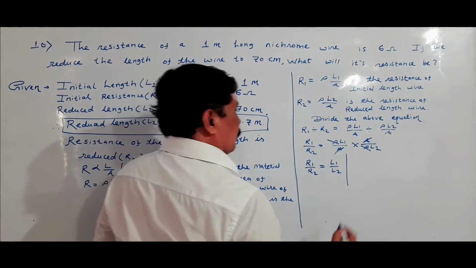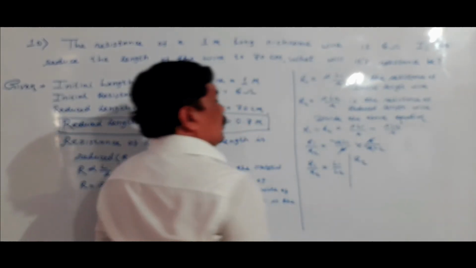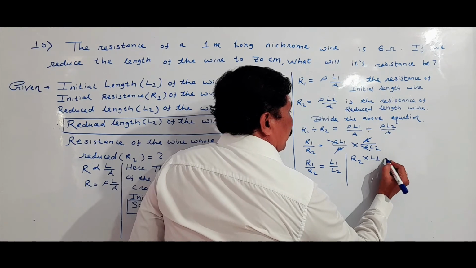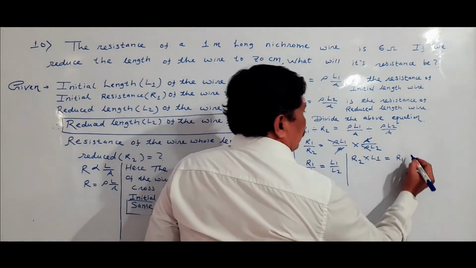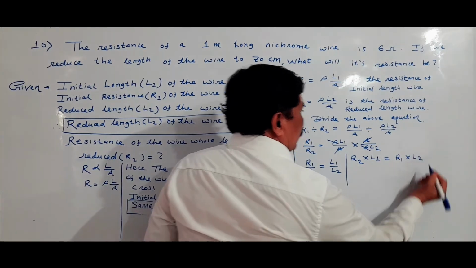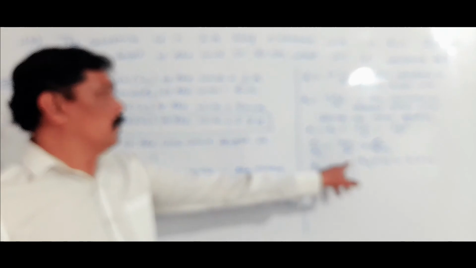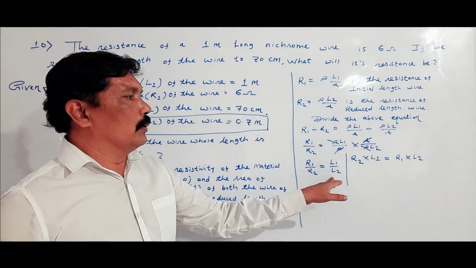We will take the cross multiplication. R2 into L1 is equal to R1 into L2.